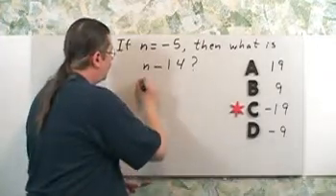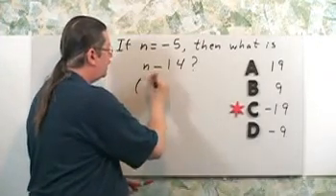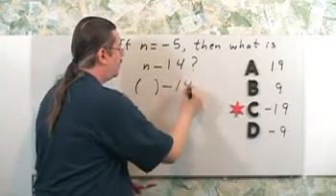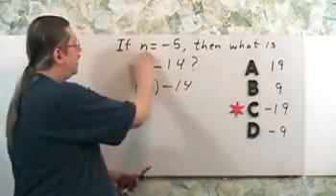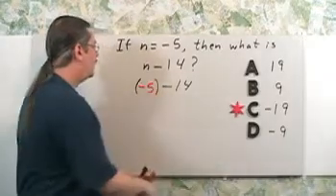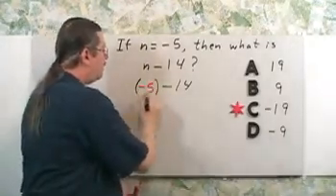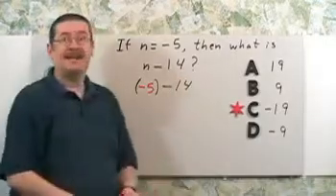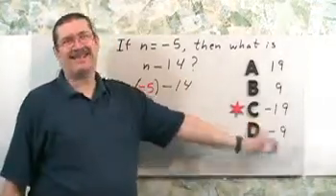So I'm going to put parentheses in place of the n, and then just write down the number. In place of n, n is equal to negative 5. So I'm going to put a negative 5 inside here. And it turns out negative 5 minus 14 is going to be negative 19.